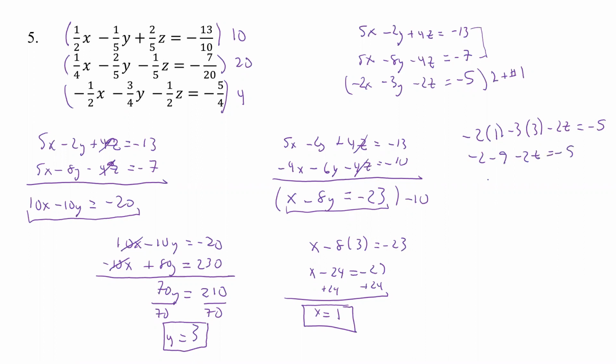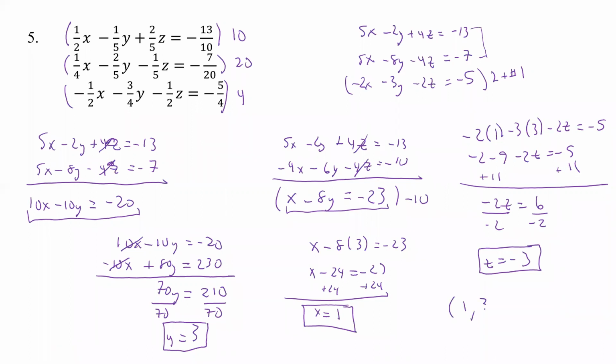So I'll add 11 to both sides. So minus 2z equals 11 minus 5, which is 6. Divide by negative 2, z equals negative 3. Okay, so my ordered pair, it looks like, is 1, 3, and minus 3.